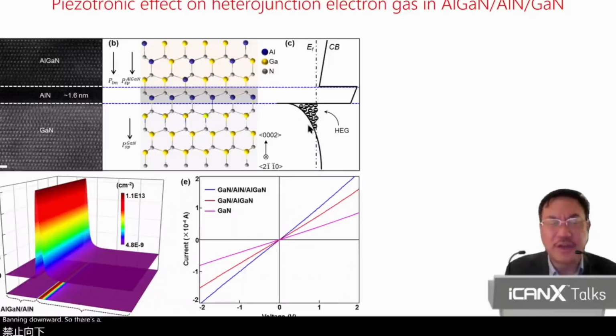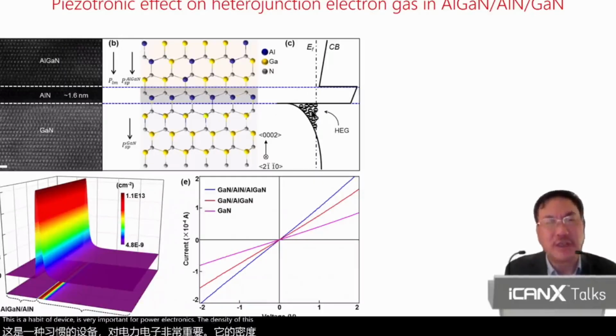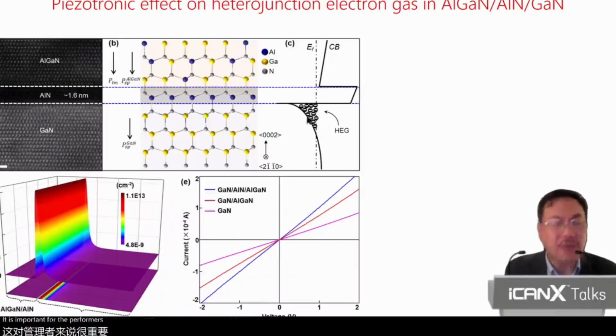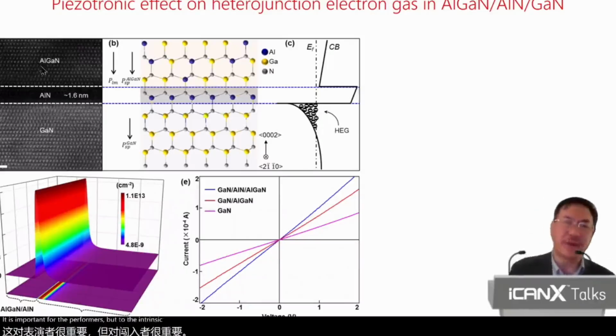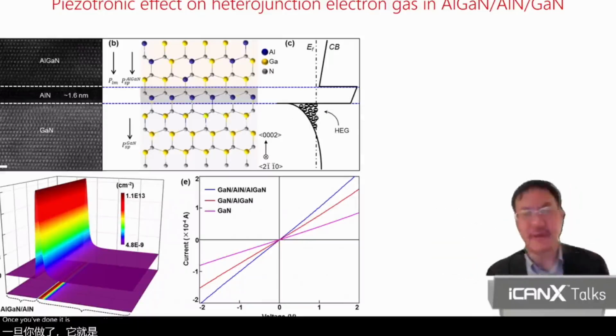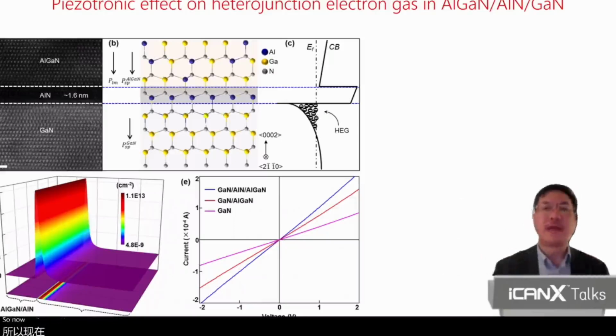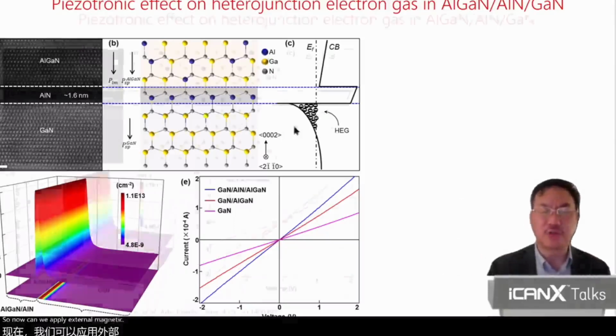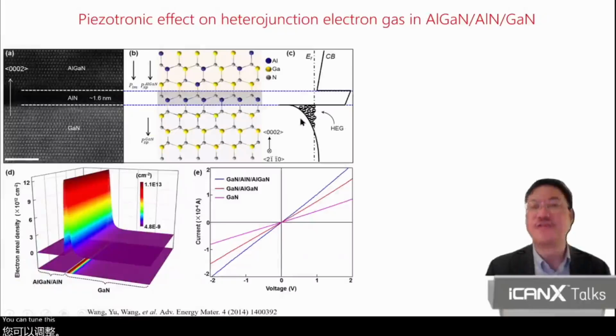So there's a free electron gas trapped at the interface. This HEMT device is very important for power electronics. The density of this is important for its performance. But due to the intrinsic strain, once this device is made, you cannot change this density per your wish. Once it's done, it is done. That's it. So now, can we apply an external mechanical strain to tune this artificially? Can we do that? The answer is yes.